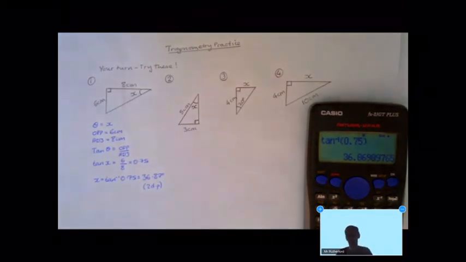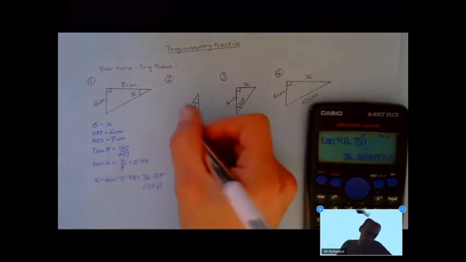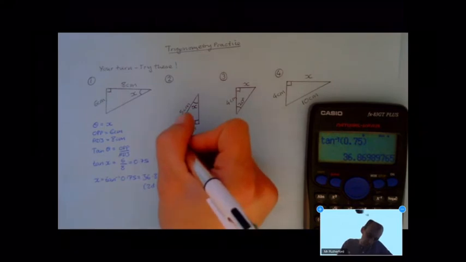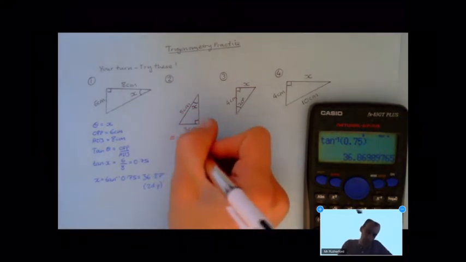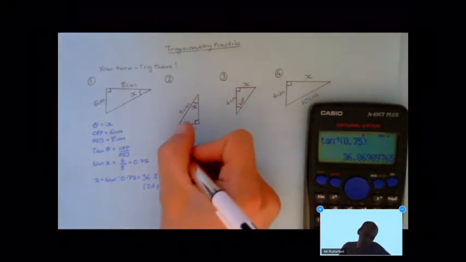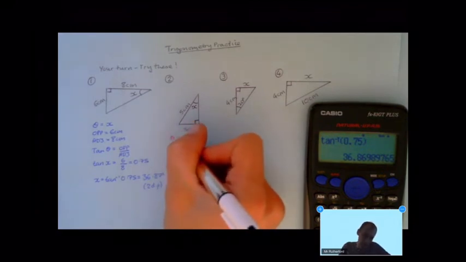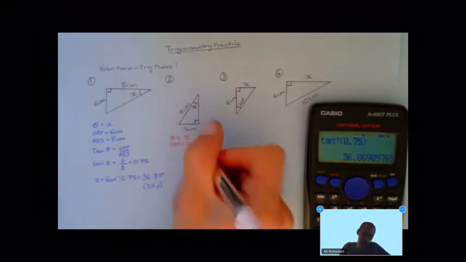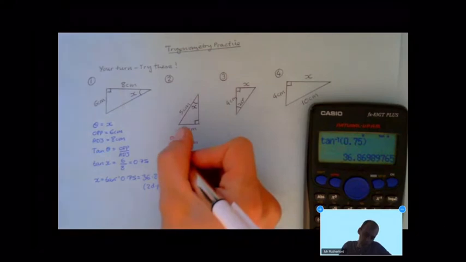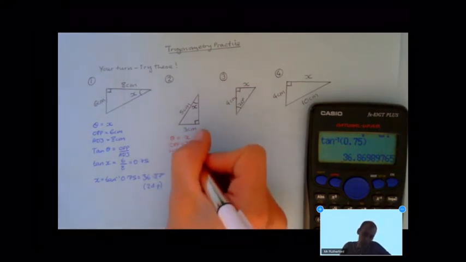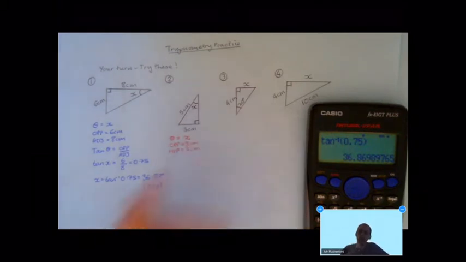In the next example here, we have got an unknown angle of x again. We have got an opposite side of 3 centimetres opposite the angle, and a hypotenuse, the longest side, of 5 centimetres. So it's going to be sin, or so.